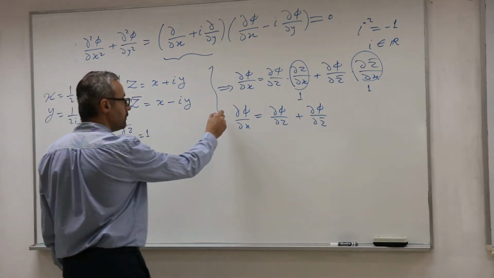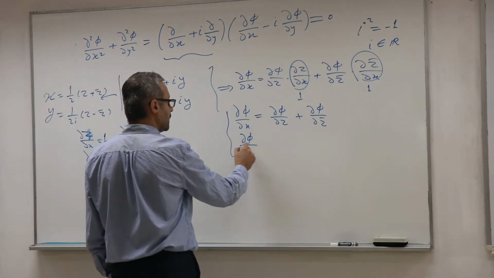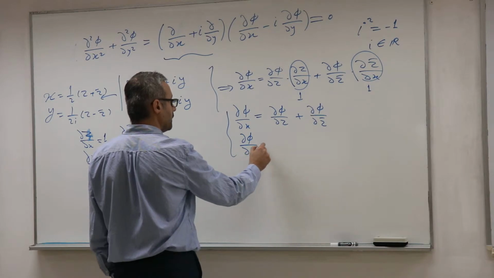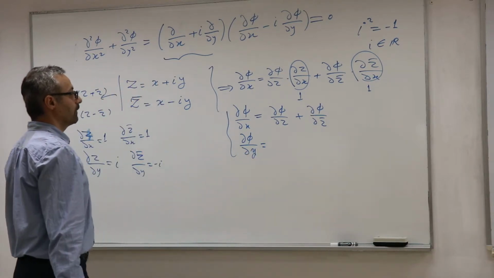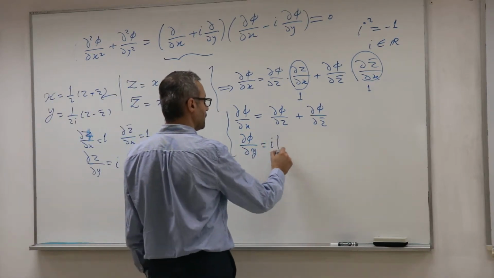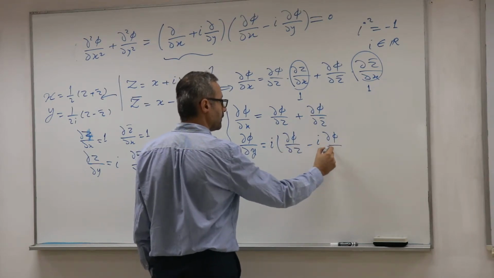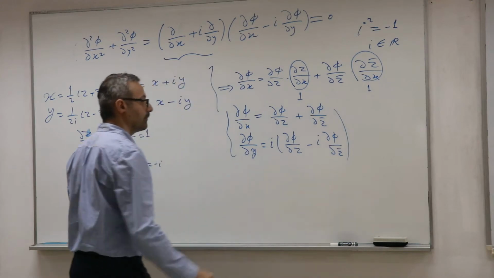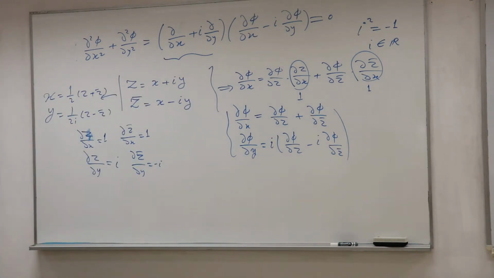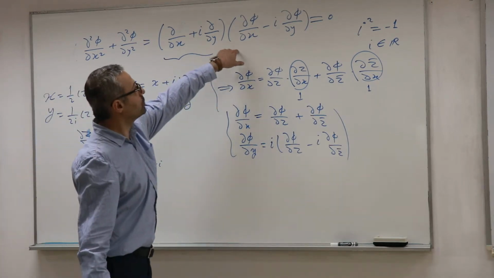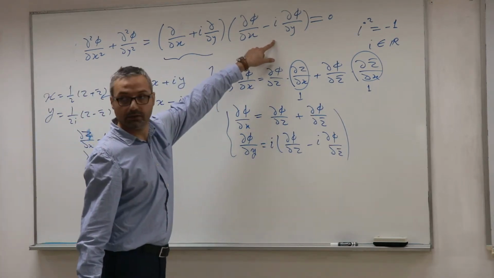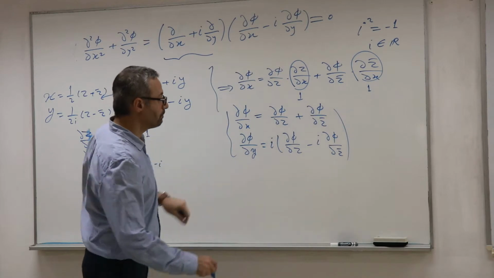You can do the same for partial y, which will be i times partial z minus partial z bar. Okay, and just replace it here, partial x minus i partial y, and see what happens.